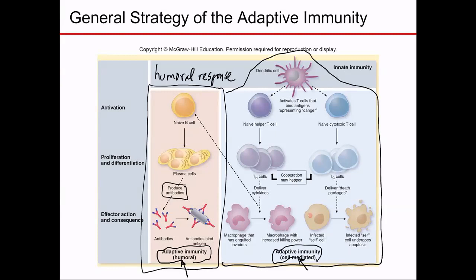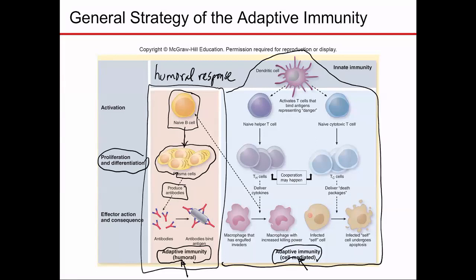For example, let's start with the humoral response. When a naive B cell, and the name naive B cell means this is a B cell that still has not encountered the antigen that they are made for. But when that naive cell finally encounters that antigen, that naive cell will be activated and is going to differentiate and proliferate to produce plasma cells.